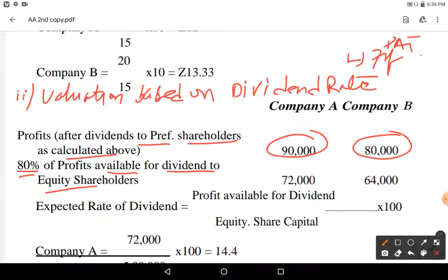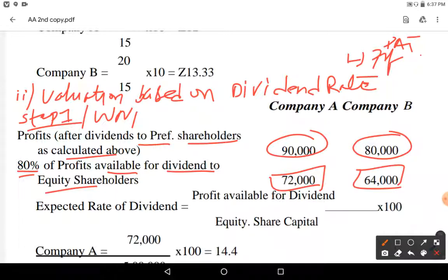How much profit are they going to distribute as dividend? 80% they said. So out of 90,000 we take 72,000. This is step 1 or working note 1: profits available for dividend. Out of 80,000, 80% is 64,000.